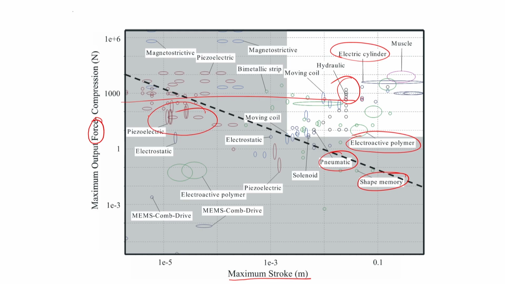If you want to talk about a large force level, then you have magnetostrictive material as one of the best choices. And if you are talking about low force and low stroke, but high precision, then we have to go for MEMS based drives. Now, this is the stroke versus force comparison.